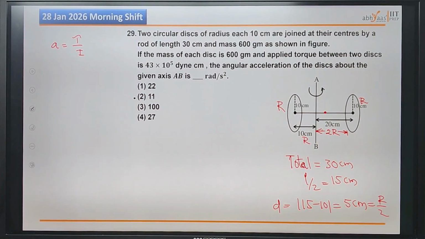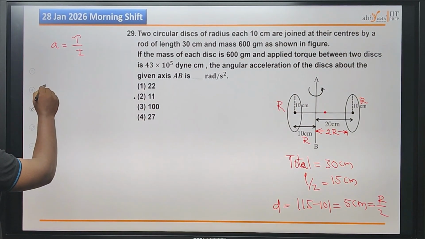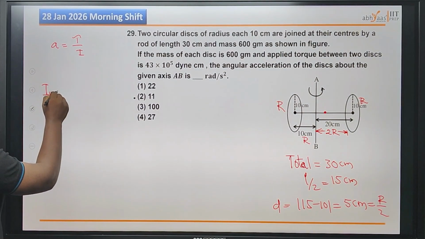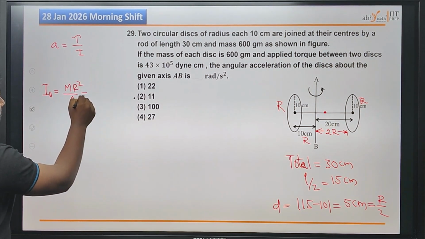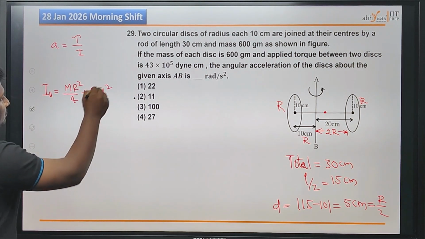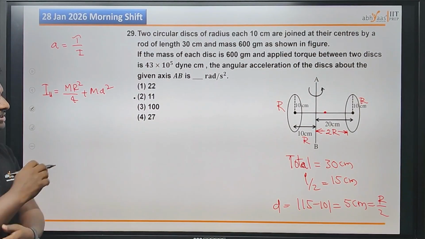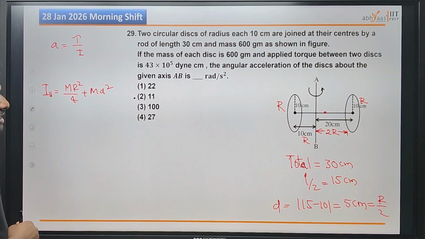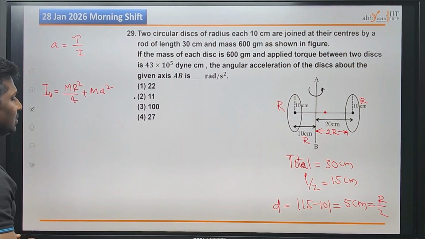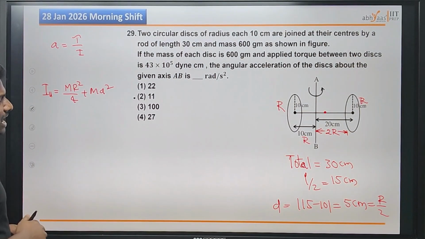First to remember those things. For circular disc, as a parallel axis theorem, I parallel can be written as mr square by 4 plus md square. We are having two discs and R is also same. Then D is different. So D can be written as R by 2.